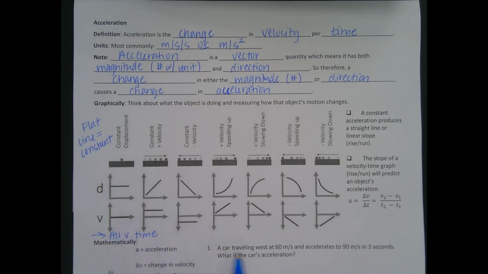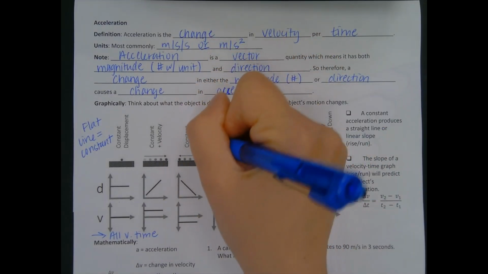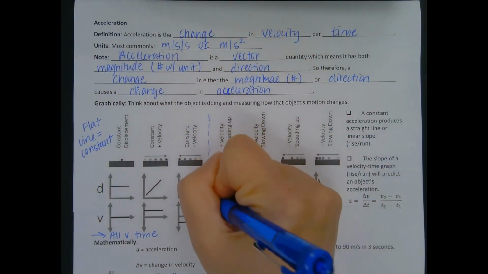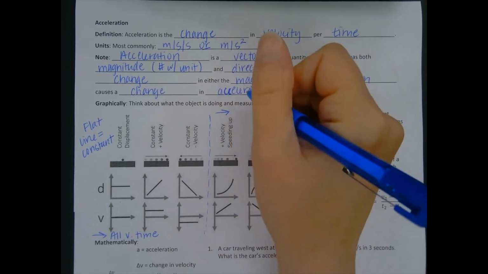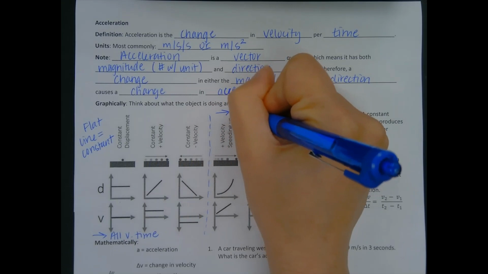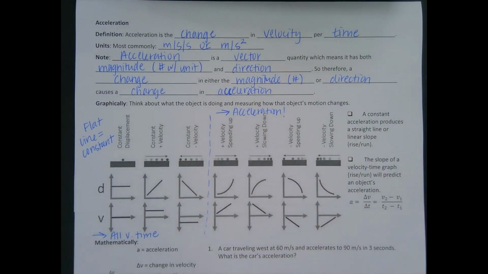And then any other time that we have a flat line, it's looking at something that's constant, especially in terms of our velocities here. I'm going to draw a little dotted line to separate these because everything this direction has acceleration. And that's because we have a change in our velocity.